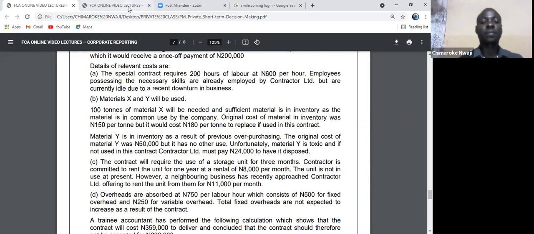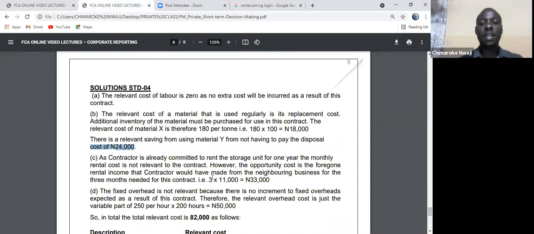So you see here, 3 months. What is going to cost you here is 3 months multiplied by 11,000 naira per month, which is 33,000 naira.